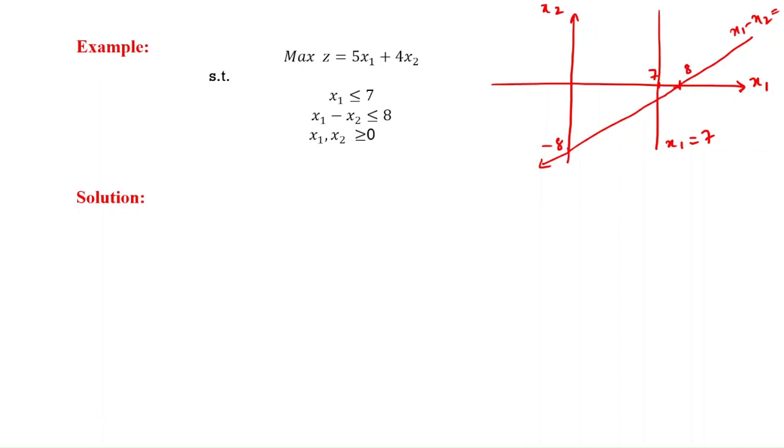Now the region that we have to identify here: this is less than or equal to 7, so obviously this, and this is also less than or equal to 8, the line, so this would be this only. So what's the common area? The common area that you could find is this.